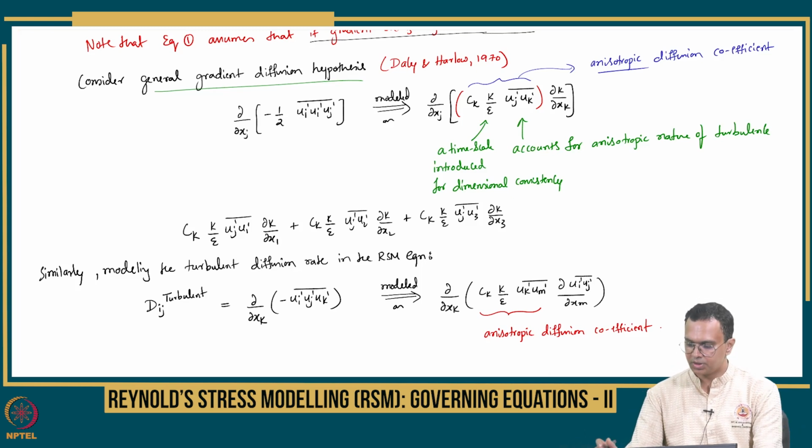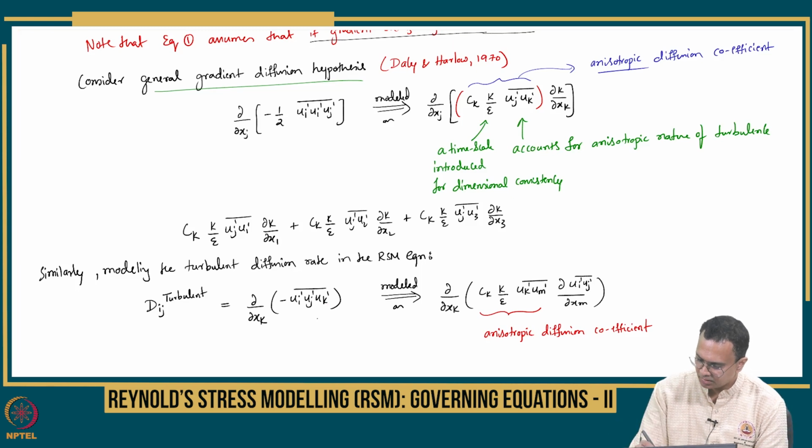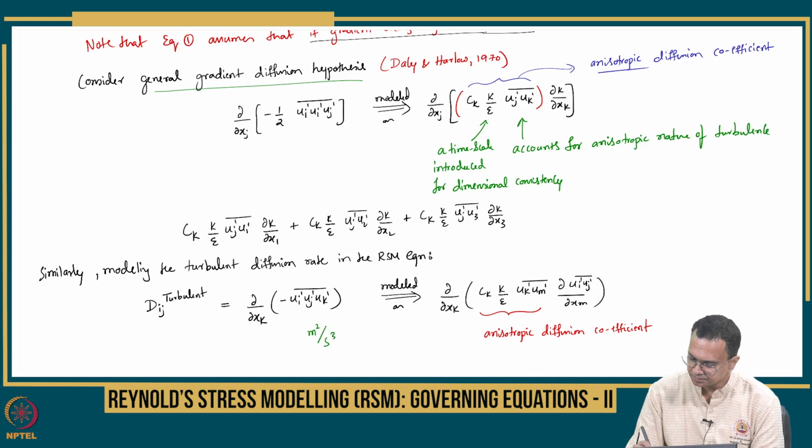But we have to check whether it is dimensionally correct or not. So here I get meter square by second cube. That's what I get here. Do I get this here? That is important. The last part is Reynolds stresses, meter square by second square by meter, so that I get meter per second square.